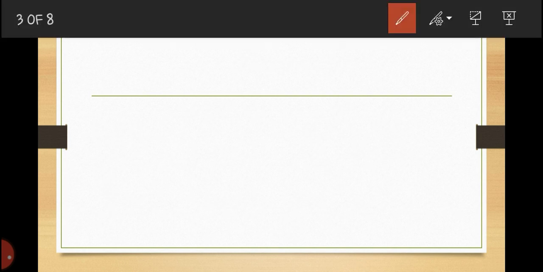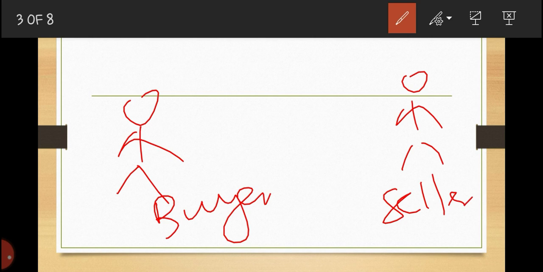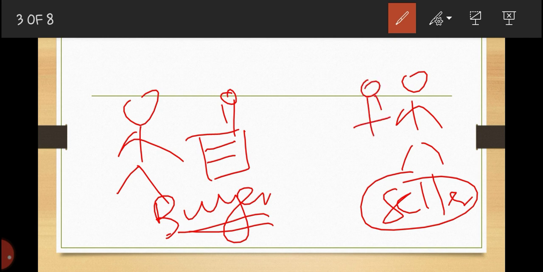Let's say here is a buyer and there is someone else here who is a seller. The seller sells his or her product, then the buyer comes in, takes his mobile phone and makes payments using the phone, and the payments reach the seller.